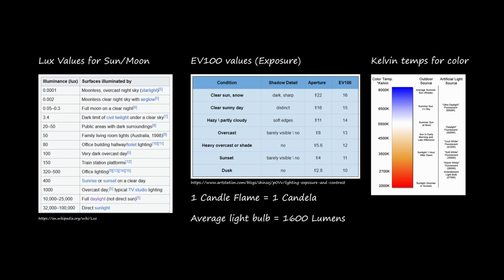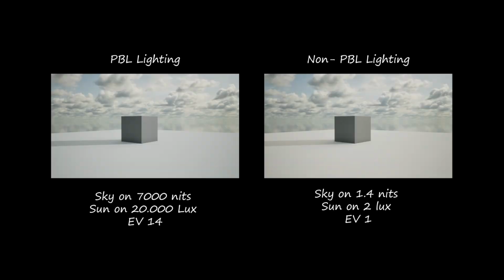Now, this is not to say that this is the only way to light something, because you can get pretty much the same result by not using quote-unquote real-life values. All right, you can get more or less the same result just by eyeballing it. But in the grand scheme of things and in the long run, you might get into problems with something getting too bright with the lighting or too dark.